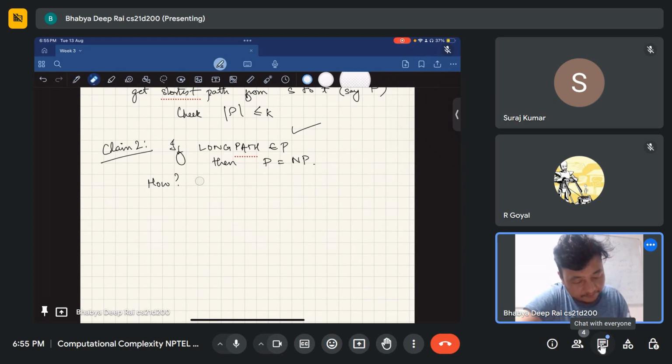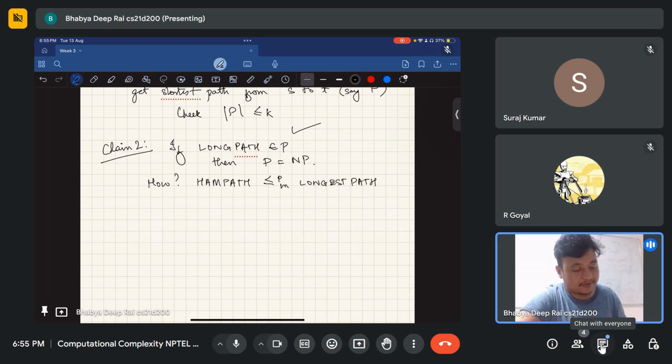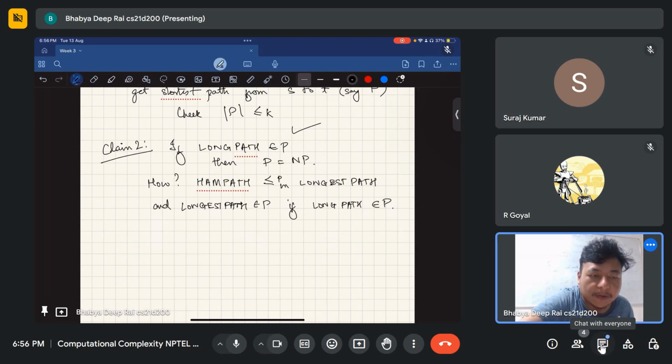First of all, Hamiltonian path, Ham path, reduces to the longest path problem. I'll call it the longest path problem. Don't confuse it with the long path problem, okay? And the longest path problem is in P if long path is in P.